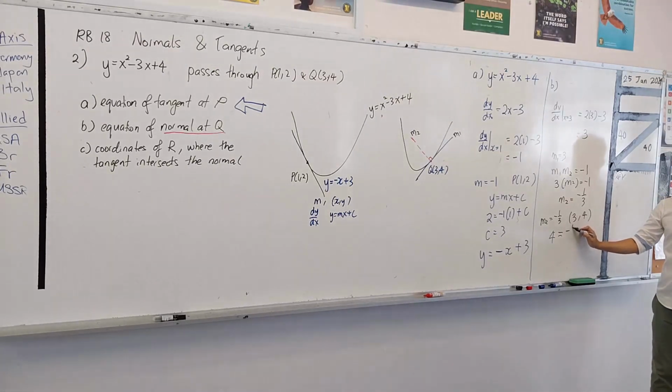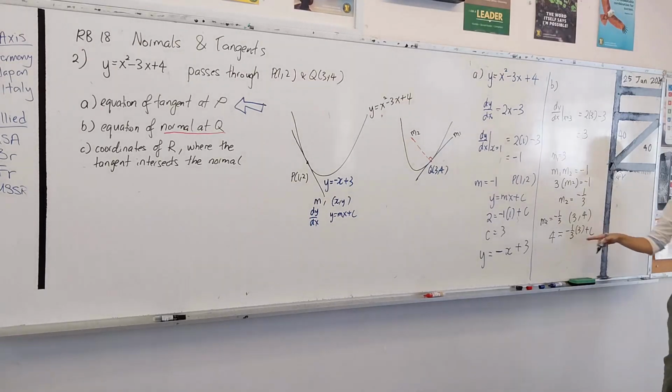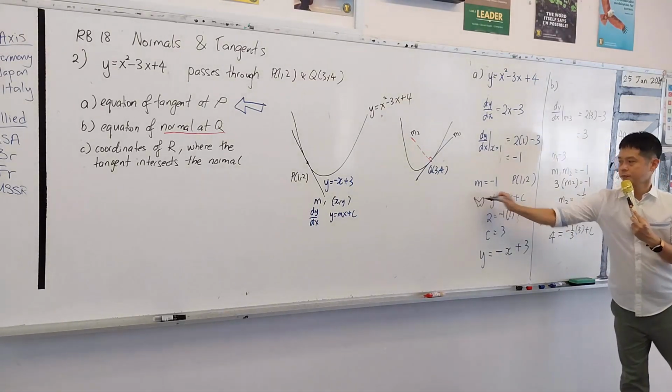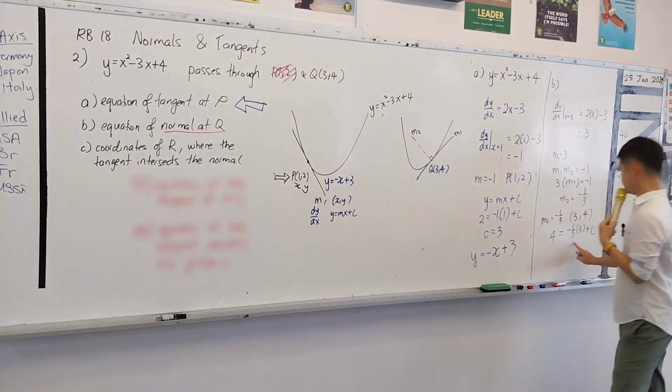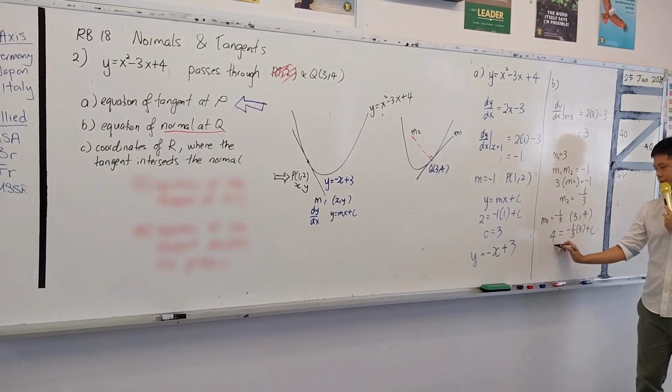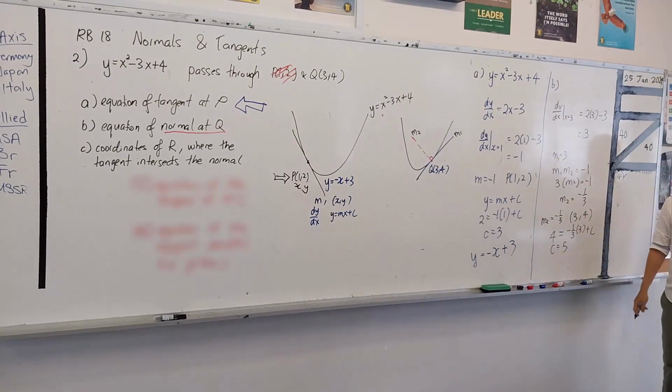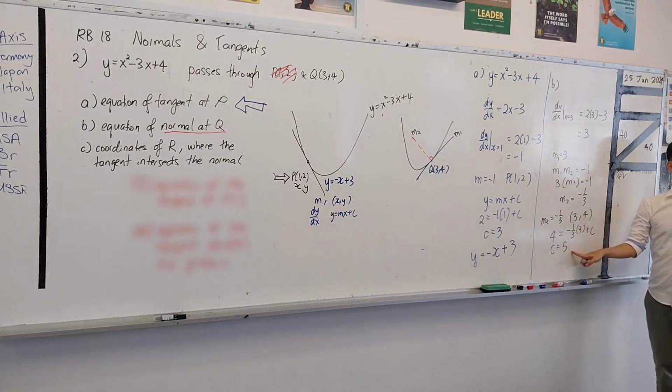M is -1/3. X is 3. Oh, I just realized you all have trouble visualizing this. Next time, just write this down. So what is the value of c? The value of c is 5.